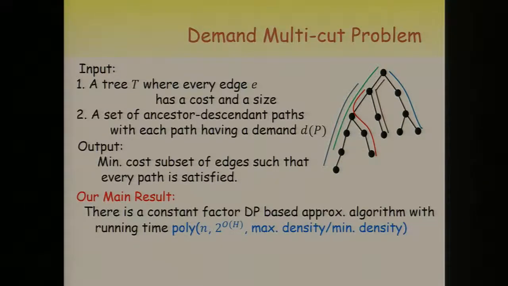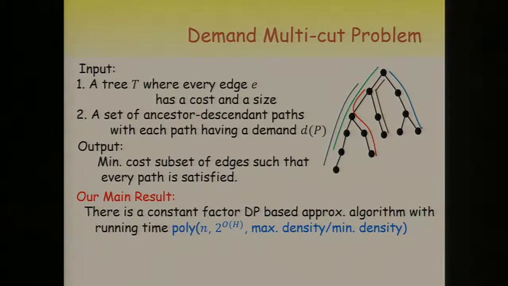This is the main result that we have, which says that if you give me an instance like this, I can give you a constant factor approximation algorithm, but the running time of this algorithm would be polynomial in n, the number of nodes, and exponential in the height of the tree. Here h denotes the height of the tree if I shortcut all degree 2 vertices. So it's polynomial in 2 to the h, and some quantity which is the ratio of the densities of the vertices.